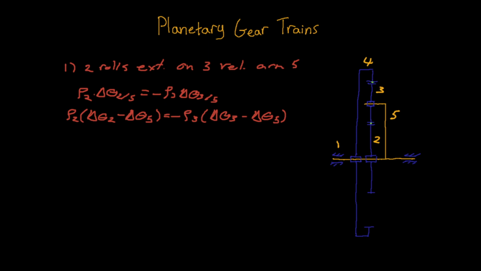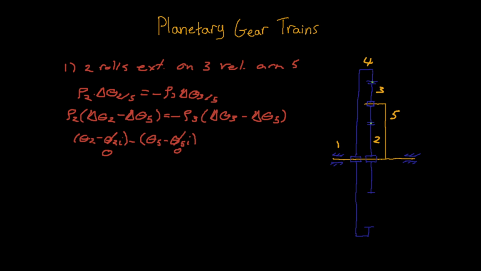And remember, delta theta 2 is just theta 2 minus the initial position of theta 2, we call it theta 2I. And same with delta theta 5 is just theta 5 minus theta 5I. So we're going to differentiate this equation with respect to time to get it in terms of angular velocities. So when we differentiate theta 2i, that's just a constant, so that'll become 0. Same with theta 5i will be 0.